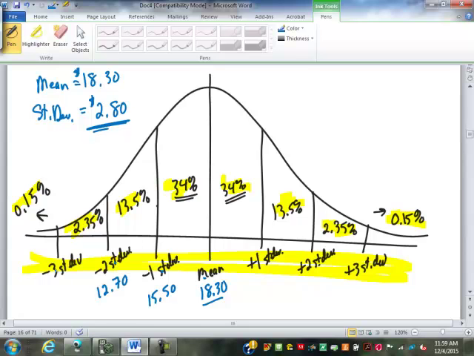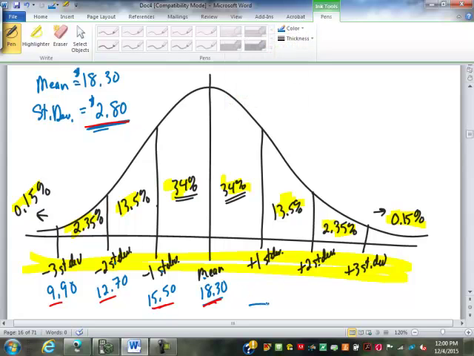And how about for the third standard deviation? I subtract it again. From $12.70, subtracting $2.80, I get $9.90. Now I'm going to pause there. Any questions on where those three numbers came from? I started with the mean in the middle, and each step I subtracted the standard deviation of $2.80.